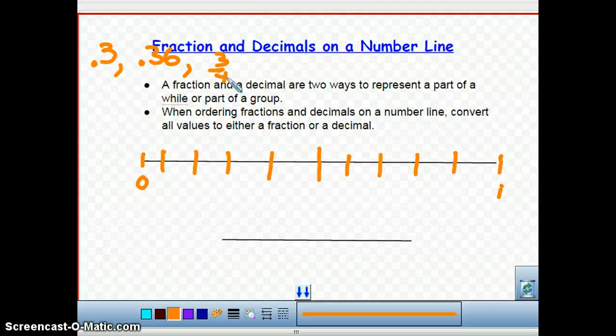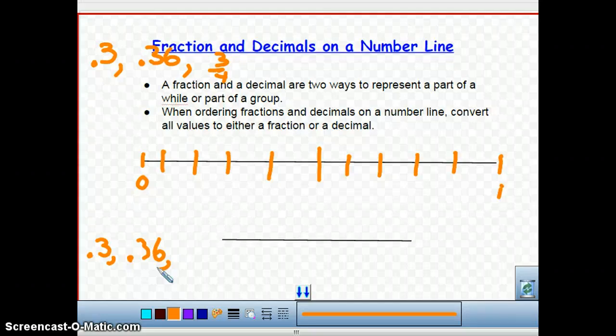So we'll keep 3/10 the same. Let's write them down here. We'll keep 3/10, and we'll keep 36 hundredths the way it is. And what does 3/4 become as a decimal? That's pretty easy. Ethan?